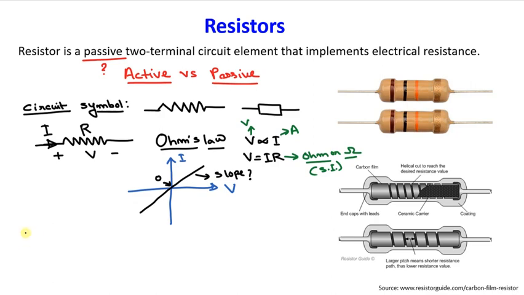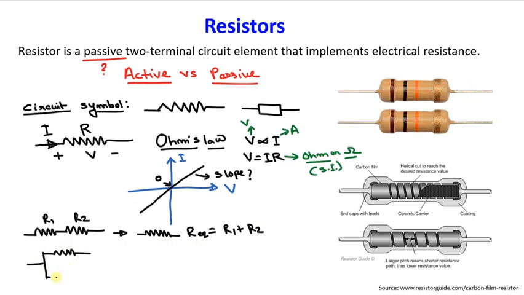In an electronic circuit, there might be multiple resistors connected in series or in parallel. So suppose two resistors are connected in series like this, R1 and R2, then their equivalent resistance would be given by R1 plus R2, right?